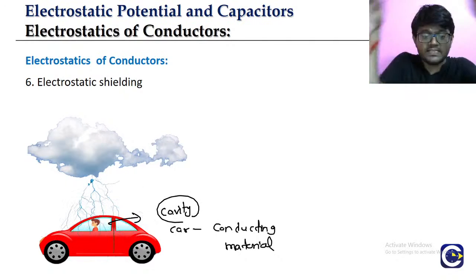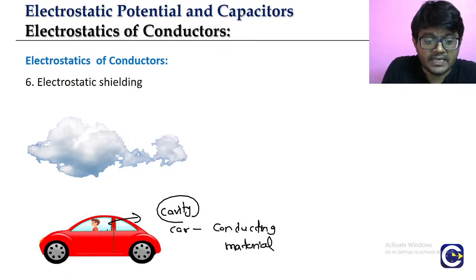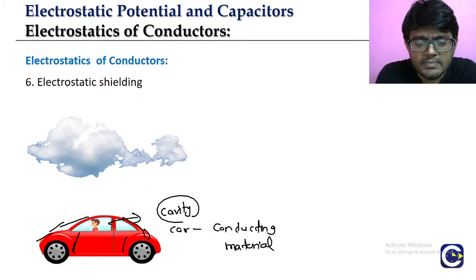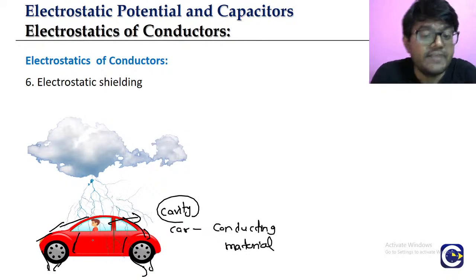So car surface is a conducting material, typically metal. So the charge is coming and falling on the surface, and it accumulates on the surface, but it will not come into the cavity, and automatically it will be discharging to the ground. So nothing will happen to you who is sitting inside the cavity.